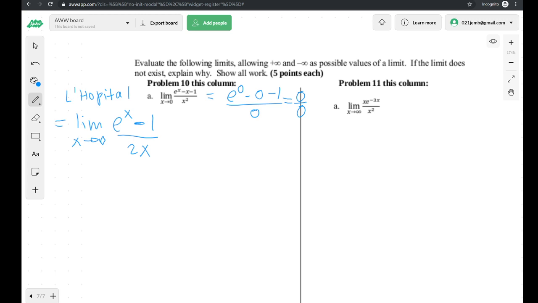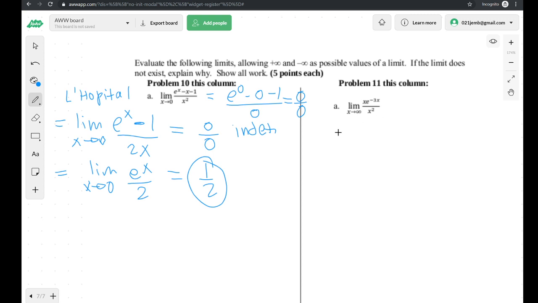Then we directly substitute again. e to the 0 is 1, 1 minus 1 is 0, and 2 times 0 is 0. We get an indeterminate form again, so we have to use L'Hopital once again. This is the limit as x goes to 0 of e to the x over 2, and that's going to be a half.